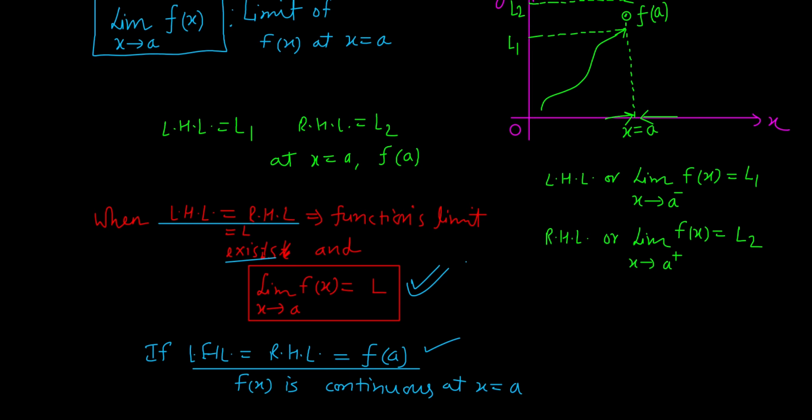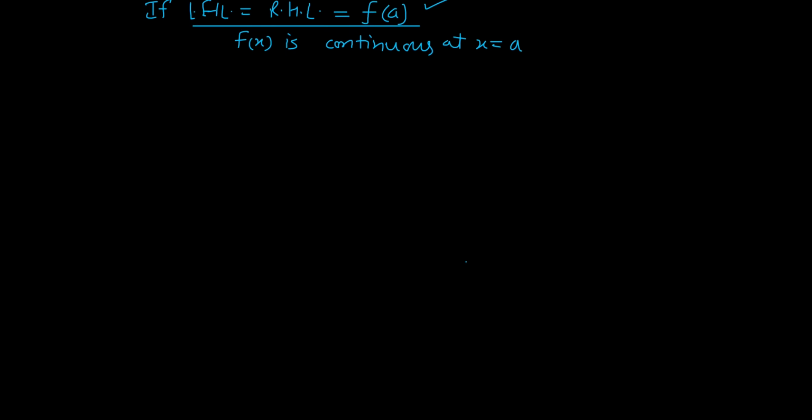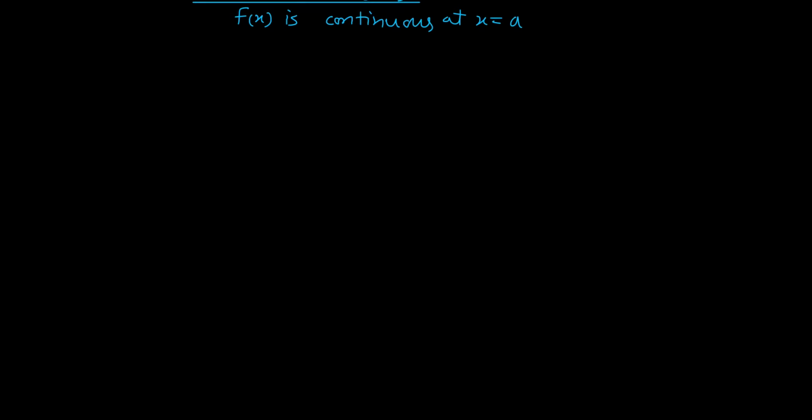We can understand this with one example. Let us take one mathematical example here. f(x) is equal to (x square minus 4) divided by (x minus 2).